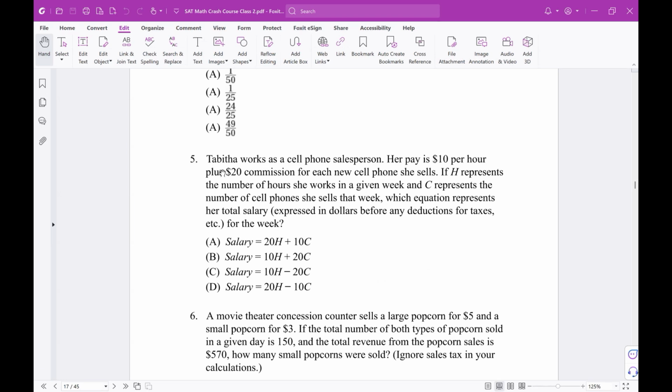Tabitha works as a cell phone salesperson. Her pay is $10 per hour plus $20 commission for each new cell phone she sells.